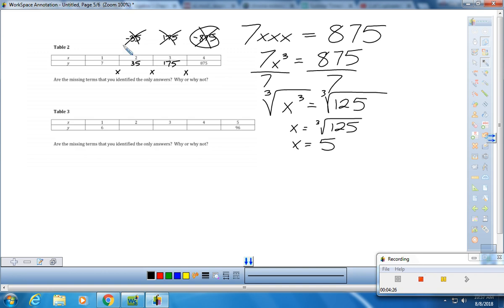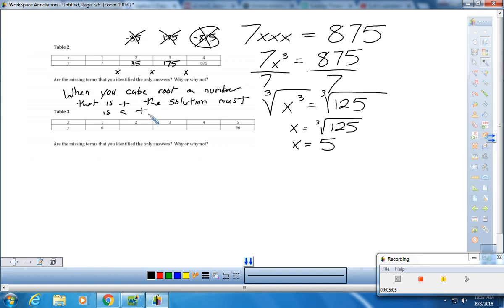Yes, they are the only ones, because when you cube root a number that is positive, the solution must be positive, because a negative times a negative times a negative is a negative. Okay, we'll talk about that more in our little small table discussions.